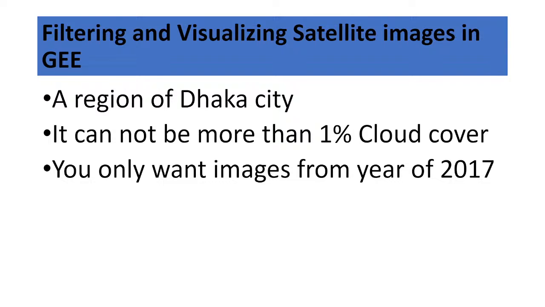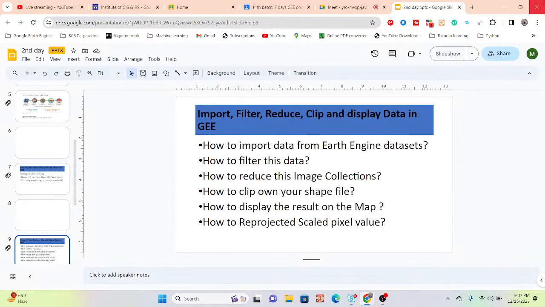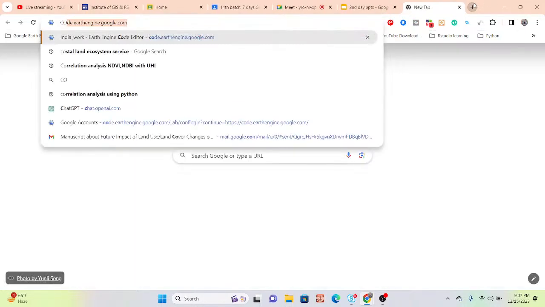Suppose I need an image with not more than 1% cloud cover, or I need the image for a specific time period, the year 2017, month of January, February, or dry season, rainy season, or a specific time period. So now let's practically see how we can do the filtering. I just open a new code editor in my browser.